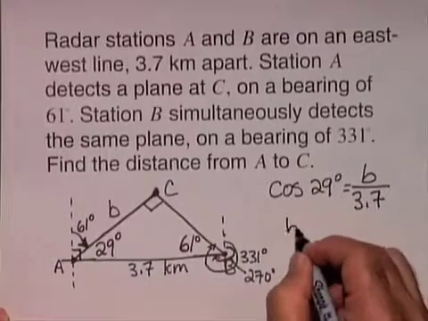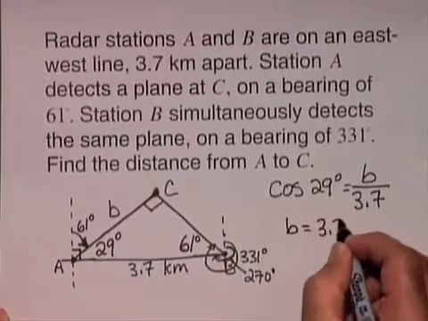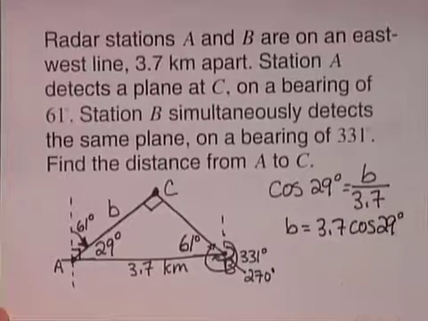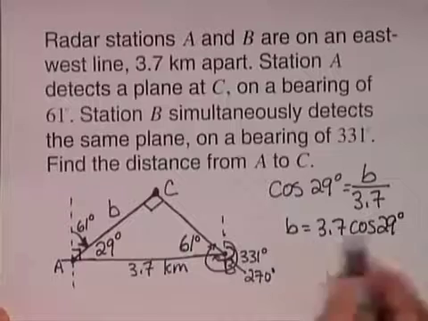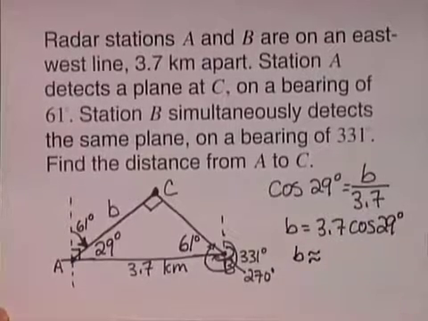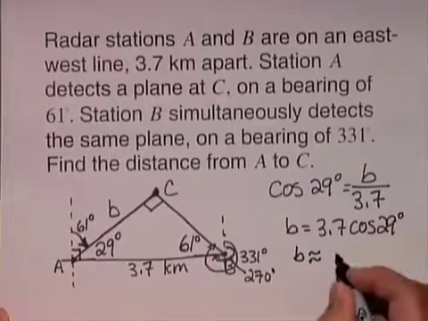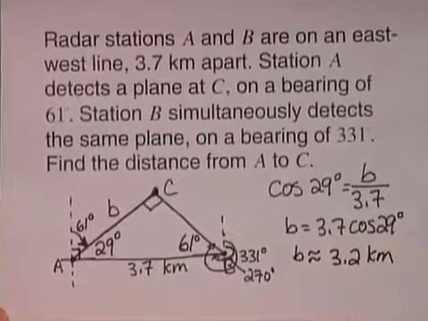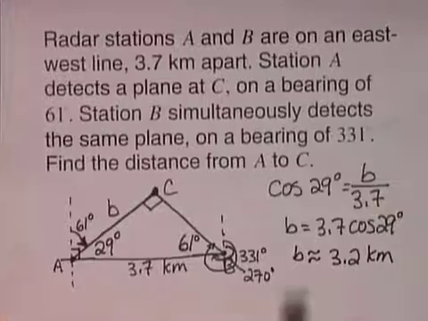Therefore, B will be equal to 3.7 times the cosine of 29 degrees. Substituting all of that into a calculator, we will find that B is approximately equal to 3.2 kilometers, and that's the distance from A to C.